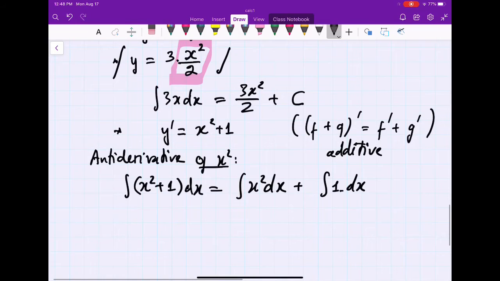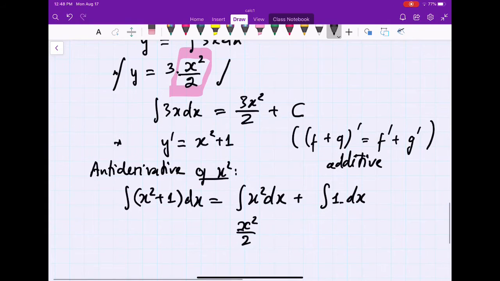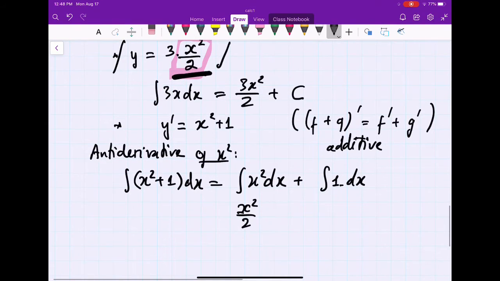And the antiderivative of x squared is x cubed over 3. Is that correct? We just found that in here. So what is the antiderivative of 1? The antiderivative of 1 is just x, because the derivative of x is 1. So you add them and then you add one more c, and you get the antiderivative of the whole function in here.